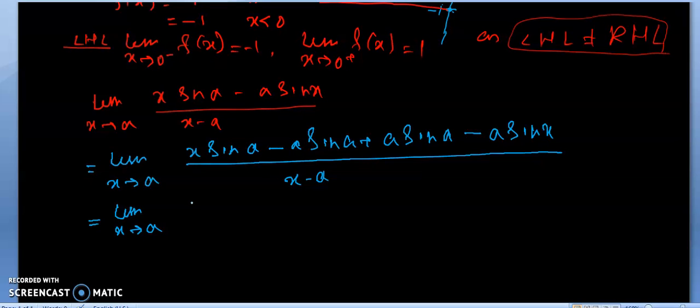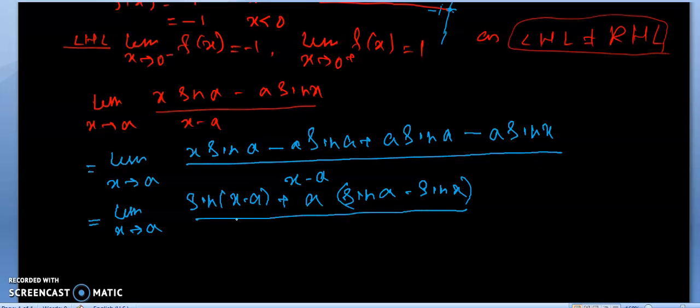If you take common sin a from the first part, it will be sin a (x minus a), plus, taking a common from here, a (sin a minus sin x), and your denominator will be x minus a.